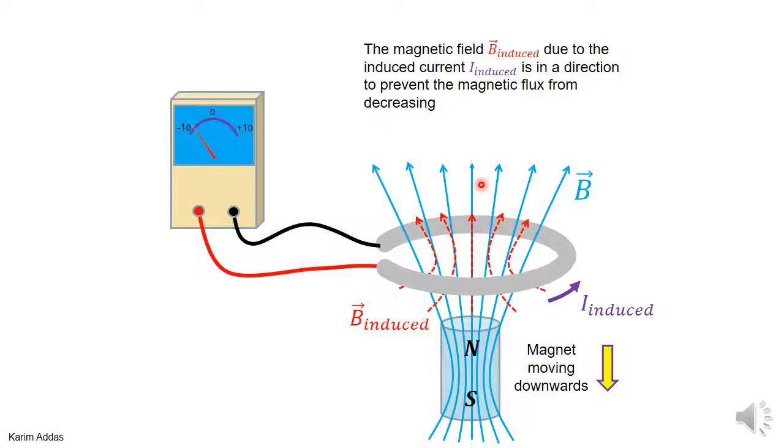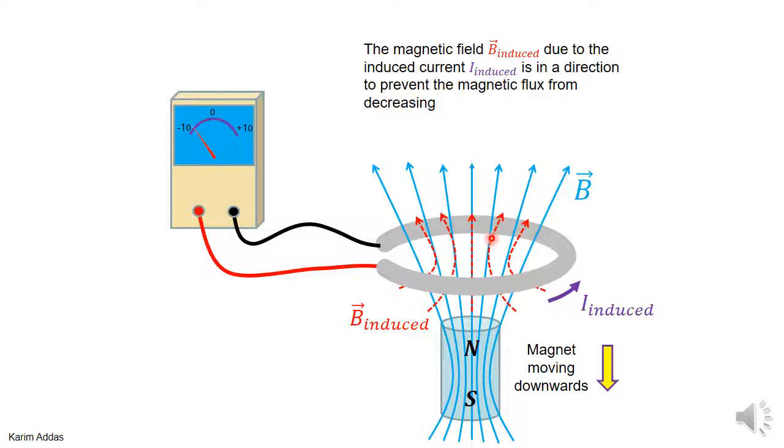And so this is where Lenz's law comes in for this part, that the induced magnetic field due to the induced current is in a direction to prevent the magnetic flux from decreasing. So when this magnet is going downwards, the magnetic flux due to the original magnetic field of the permanent magnet is getting smaller.